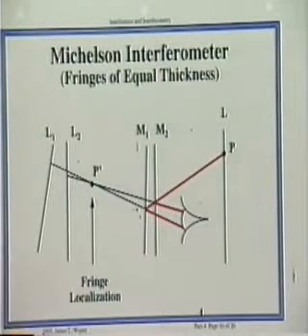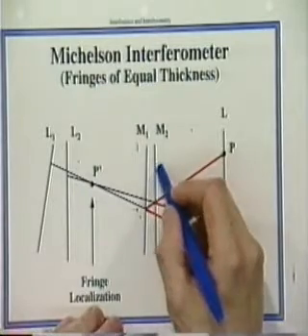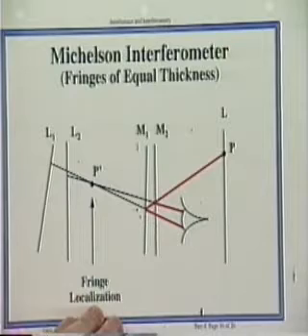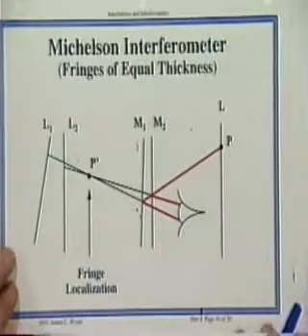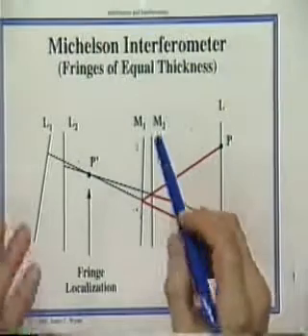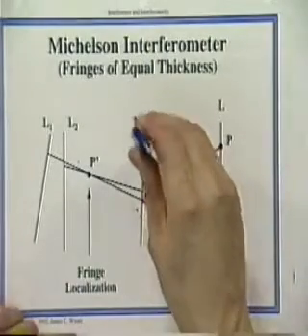As long as the separation between the two mirrors is pretty small, this will turn out to be very close to where the mirrors are. And so they're localized in this region right here. And the fringes will be more or less straight. They're fringes of equal thickness.